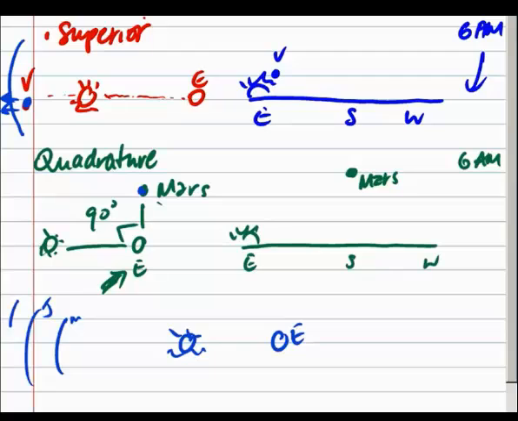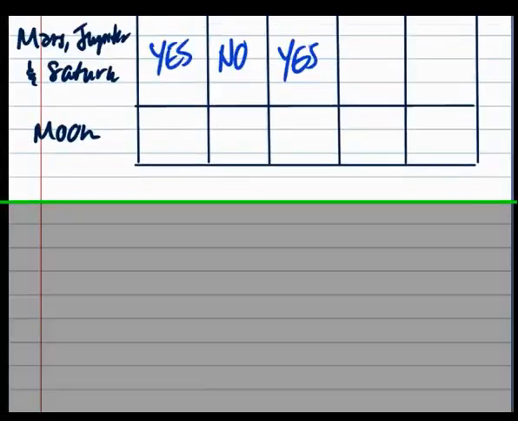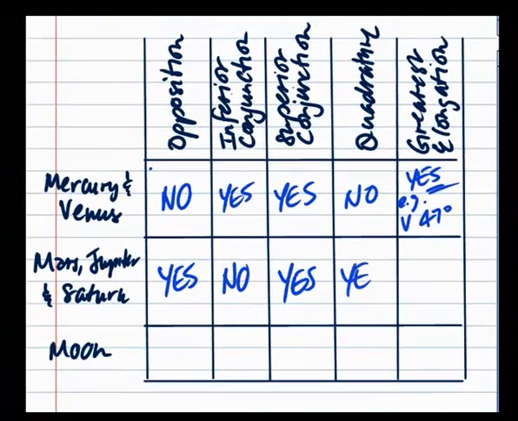So for sure, these guys can definitely be in superior conjunction. So the answer is yes. In quadrature, the answer is yes. We talked about that. Greatest elongation, it really doesn't make sense, so we'll say no, because as we said, these planets can be 180 degrees away from the Sun. That's what opposition was all about, right? Okay, the next thing we're going to take a look at then is the Moon.